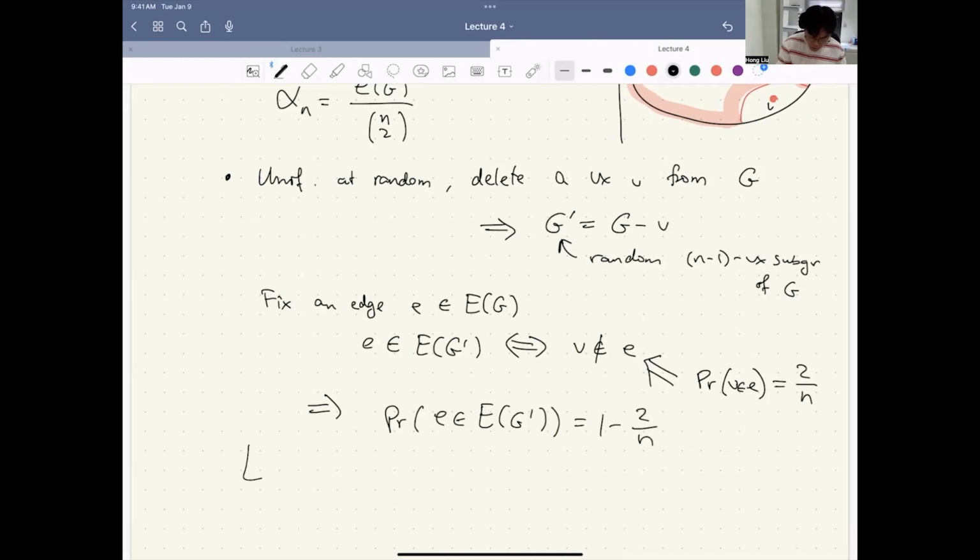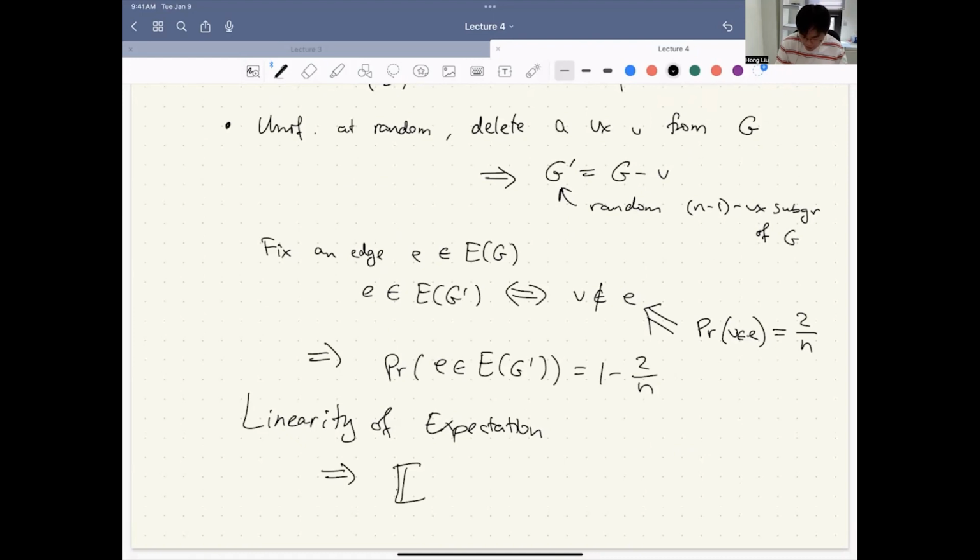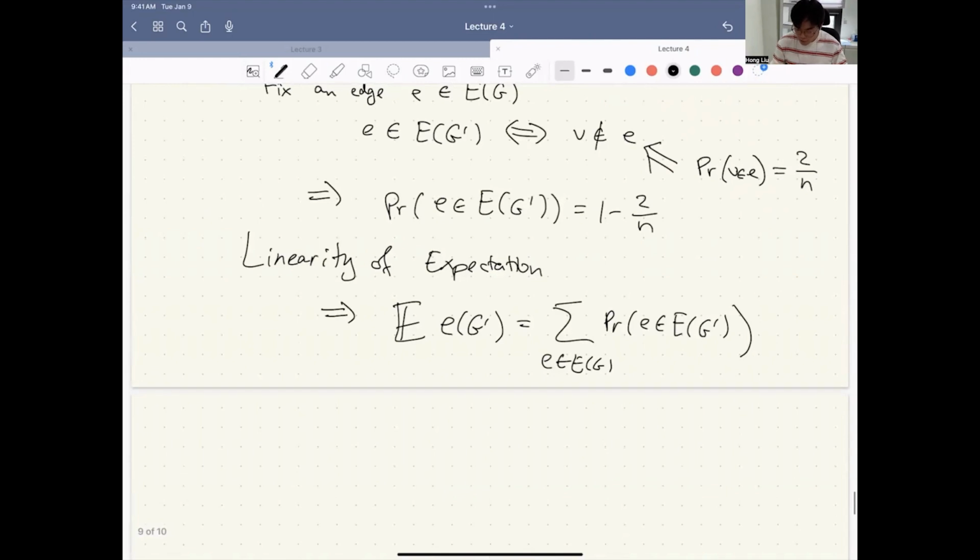Now, linearity of expectation implies the expected number of edges in G prime equals the sum over all edges in G of the probability that E is in G prime, and every one of them has the same probability. This equals E of G times 1 minus 2 over n.